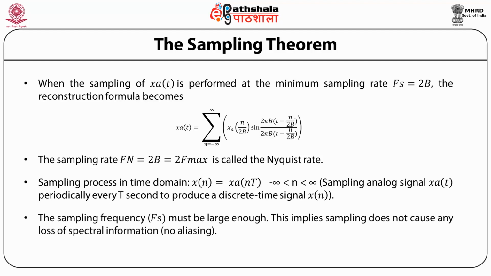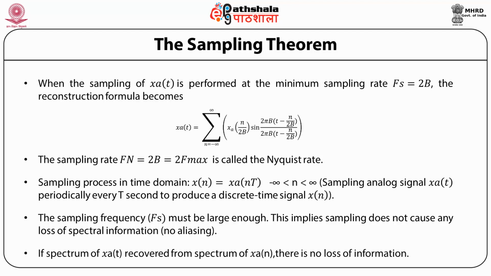The sampling frequency Fs must be large enough. This implies that sampling does not cause any loss of spectral information, that is, there is no aliasing. So if the spectrum of x_a(t) is recovered from the spectrum of x(n), there is no loss of information.